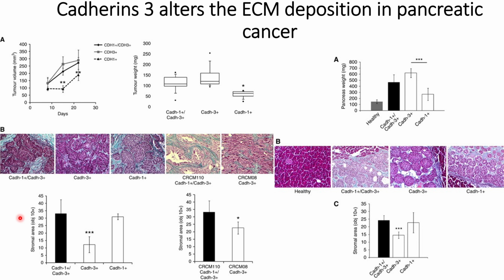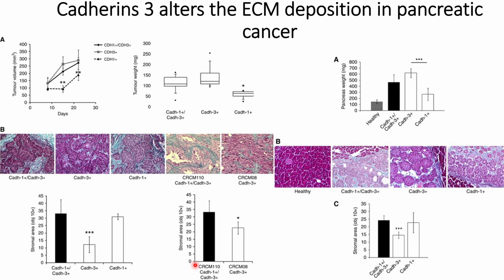And when they quantify these things, they see that the stroma area formation is lowest when Cadherin-1 is absent.